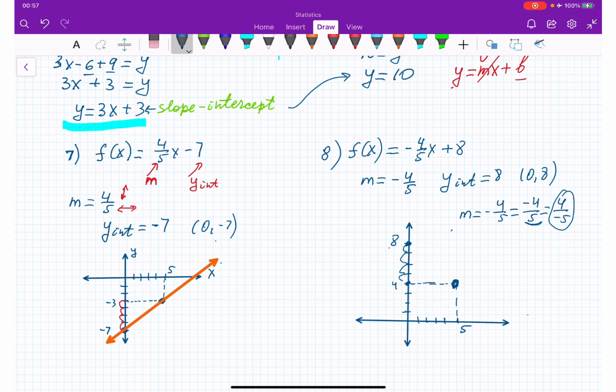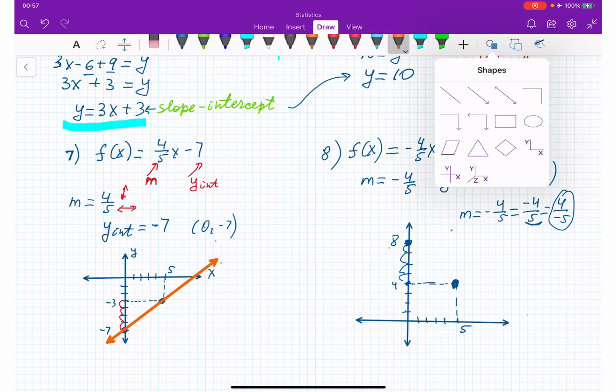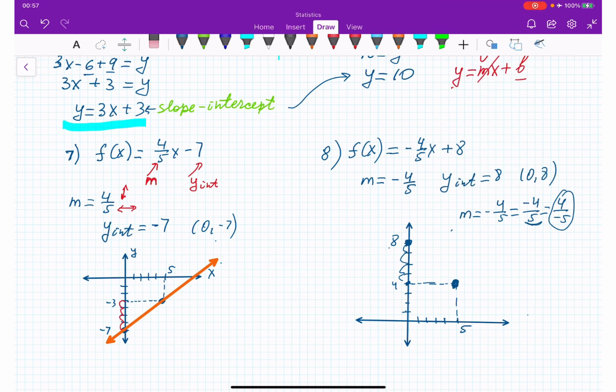And now I have my second point. The first point is the y-intercept, the second point gives me the slope. And the result is going to be a falling line. All right?